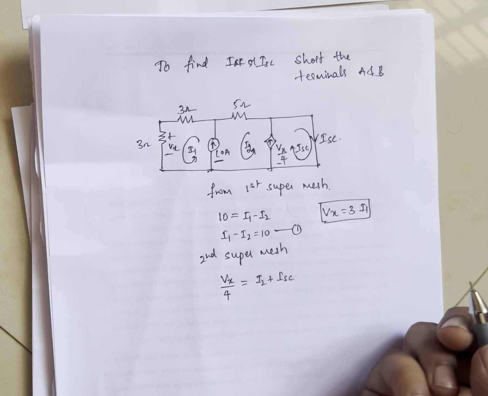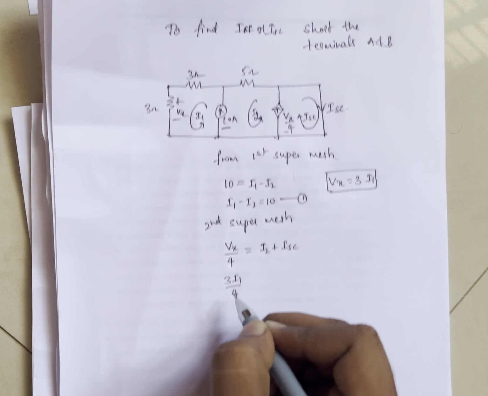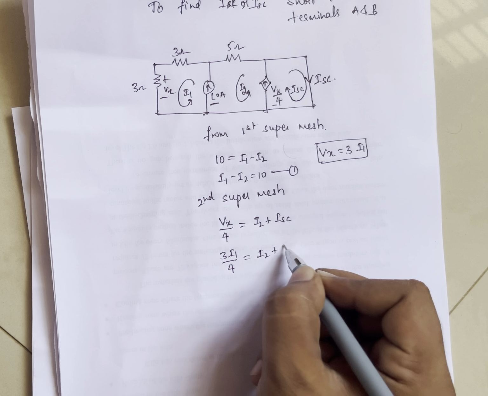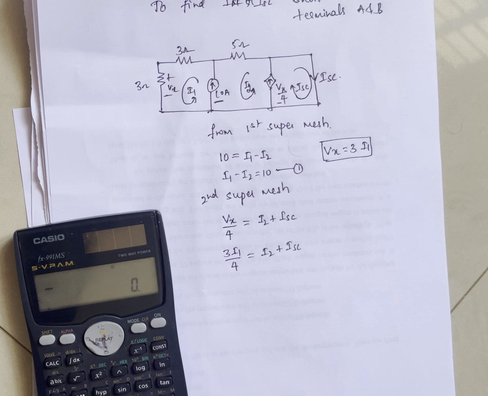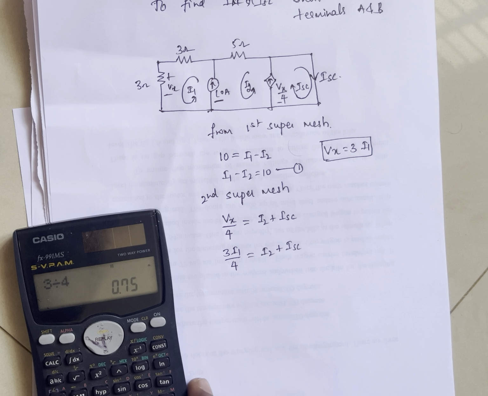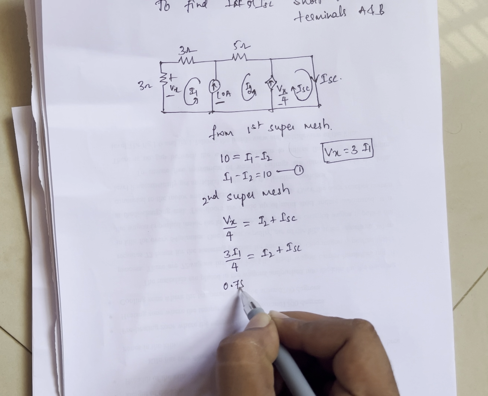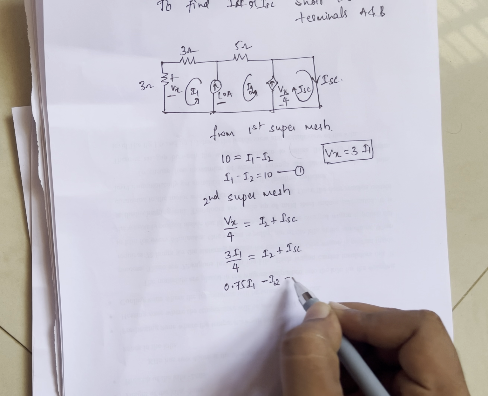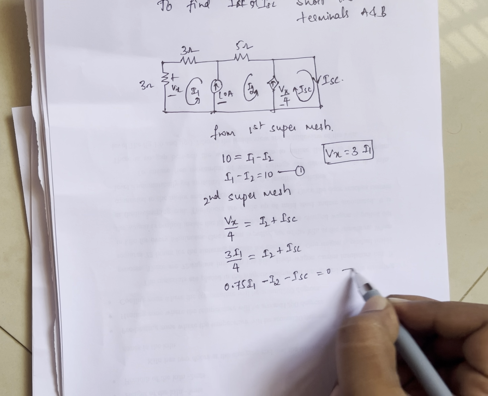Whereas Vx is nothing but 3 into I1, so 3 into I1 divided by 4 equals I2 plus ISC. 3 by 4 is nothing but 0.75. So 0.75 I1 minus I2 minus ISC equals 0. This is equation number 2.